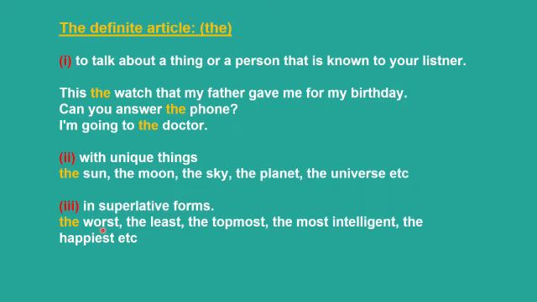So worst, this is the superlative degree of bad. Bad, worse, worst. The worst. Least, superlative degree of little. Little, less, least. The least. The topmost, the most intelligent, the happiest. Happy, happier, and happiest. We always use the with the superlative degree of adjective.